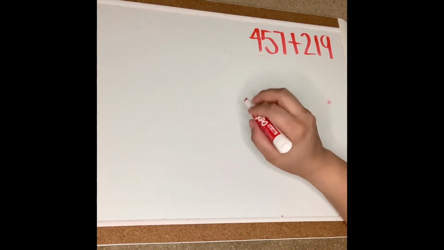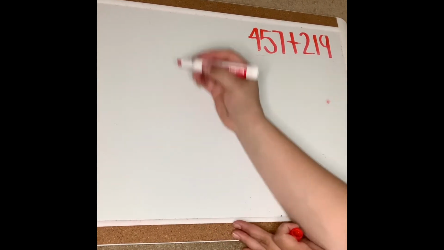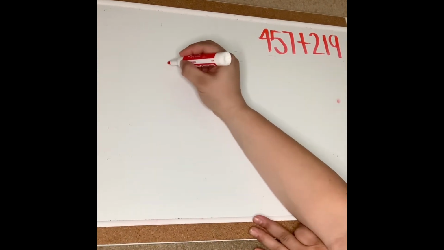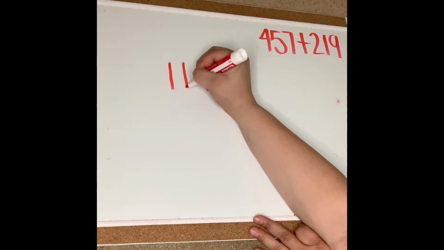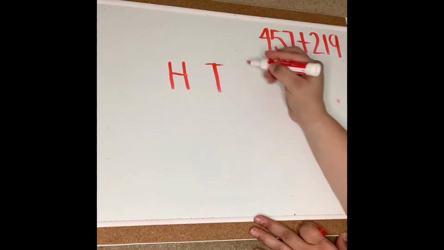I'm going to use my hundreds, tens, and ones place value chart. So hundreds, tens, and ones.